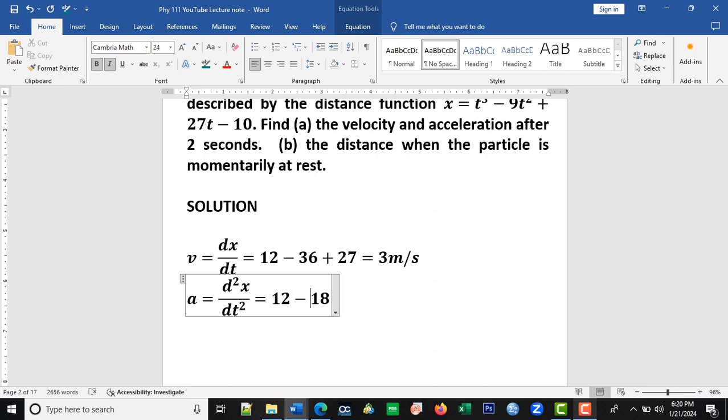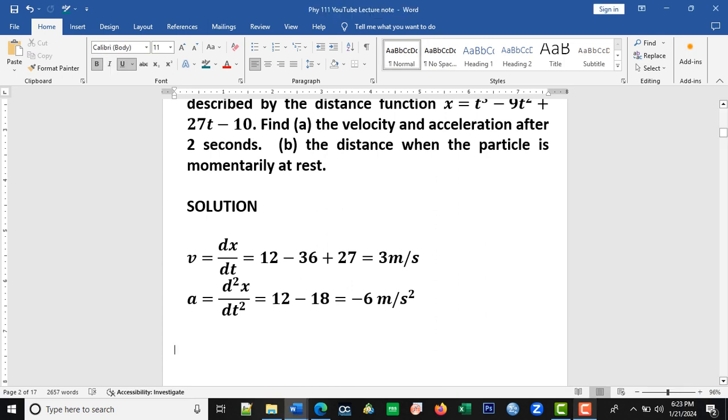Then 12 minus 18 gives us minus 6. So we have minus 6 meters per second squared. So I can now proceed.